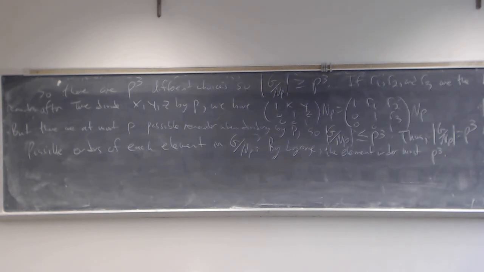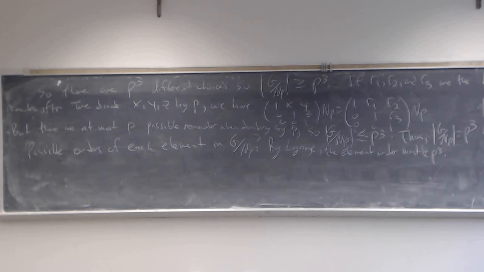So here's where the prime really comes into play. And so the only possible orders, again, why is that? You might say, wait a second, Lagrange was about subgroups, not element orders.